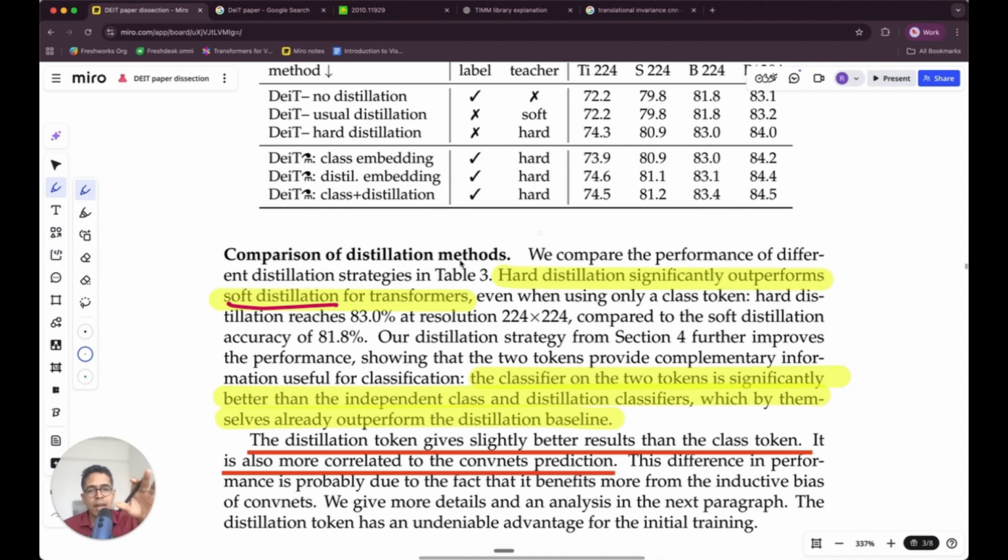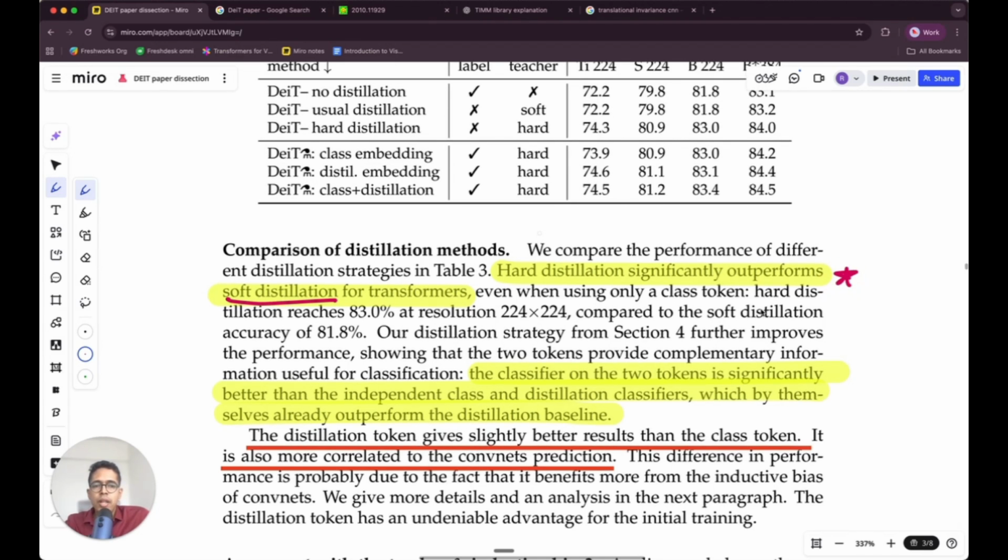If I had not read this paper, I would have blindly said, actually, soft distillation is better. So for me, this is a little bit counterintuitive that hard distillation outperforms soft distillation. Even when only using a class token, hard distillation reaches 83% at resolution of 224 by 224 compared to soft distillation of 81.8%.